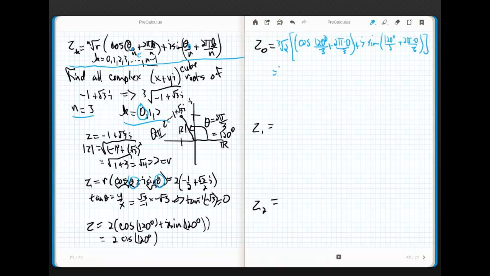So what does this turn into? Well, it turns into the cube root of 2 times, everybody got it? It's just going to be the cosine of 40 degrees plus i sine of 40 degrees. Nothing to it. If I wanted to be a little fancy, this could be the cube root of 2 cis 40 degrees.